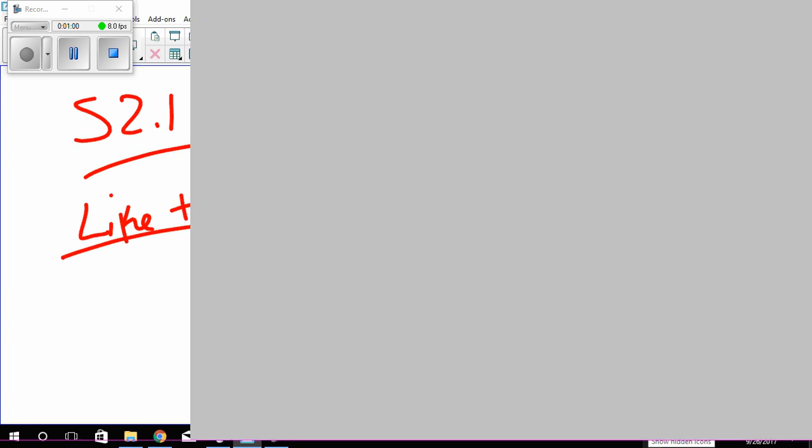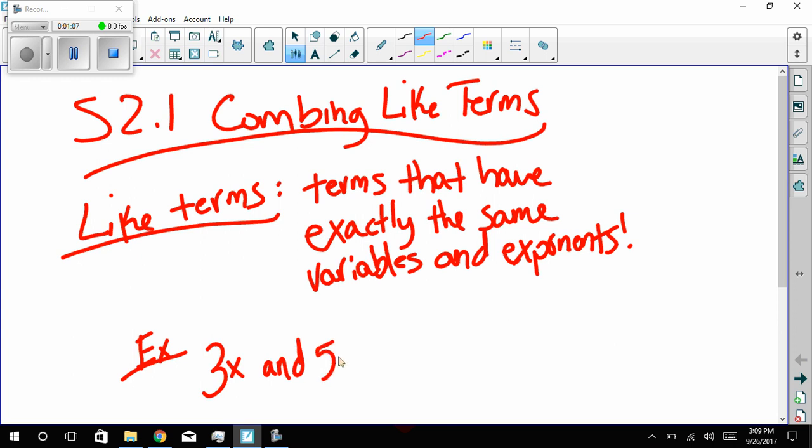Okay, examples would be 3x and 5x, or 7m squared and negative 8m squared.